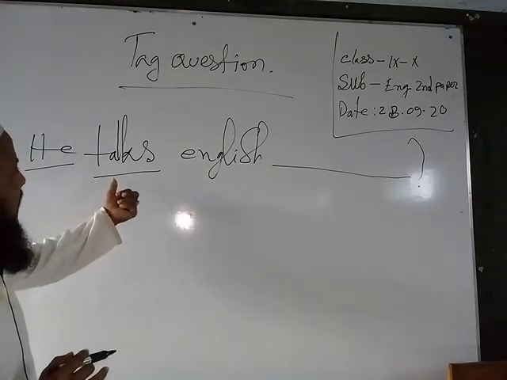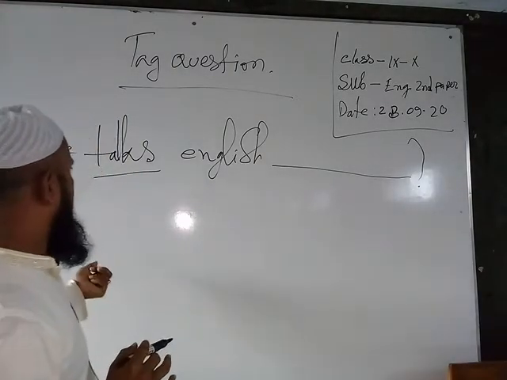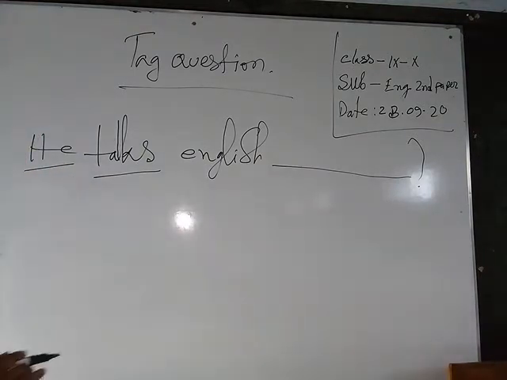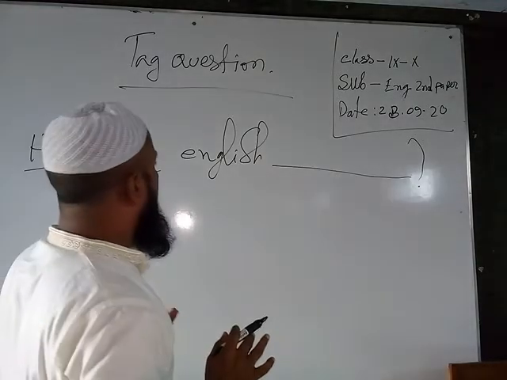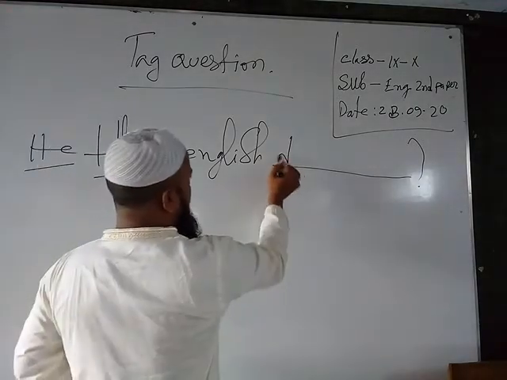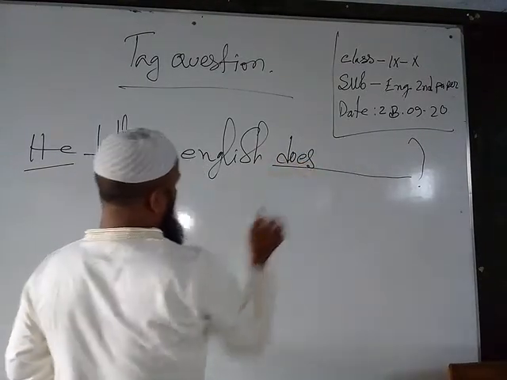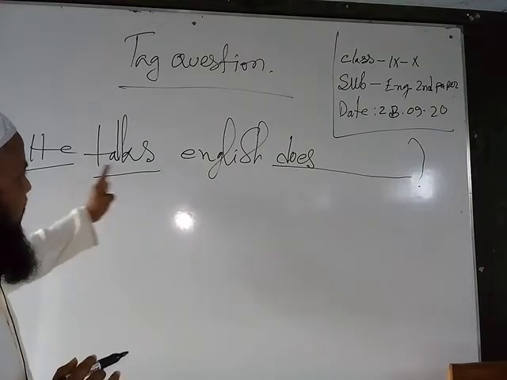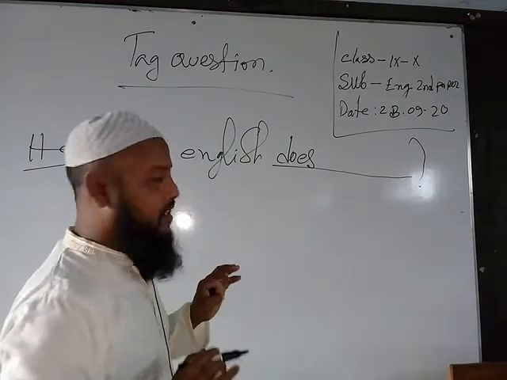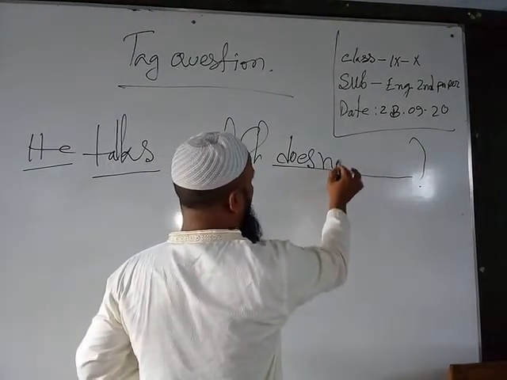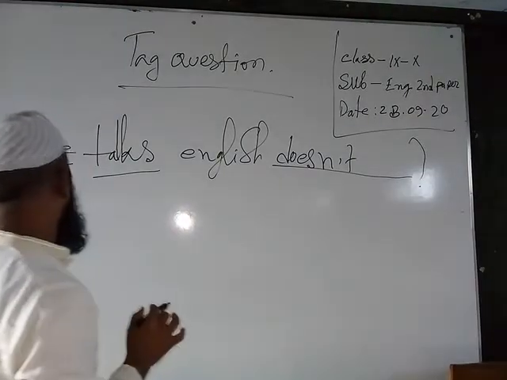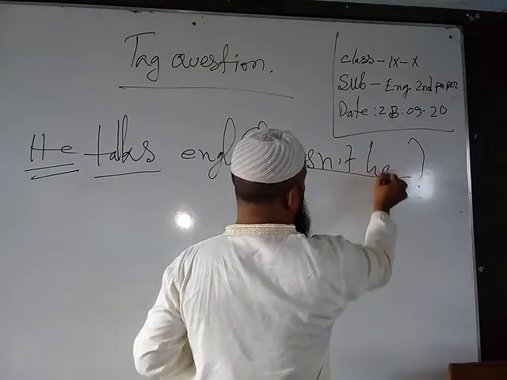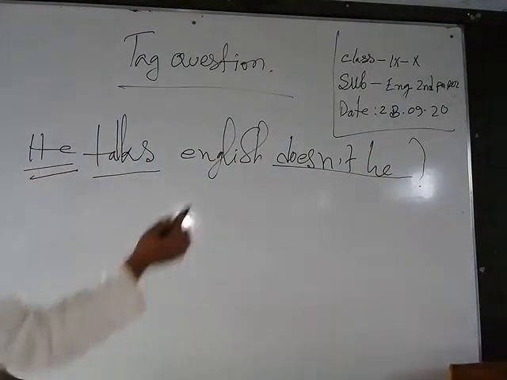When the verb takes s or es, and if there is not any auxiliary verb, we use does as a verb. Then if it is an assertive sentence or affirmative sentence, we use not, and if the subject is a pronoun, we use this pronoun directly. That means the answer is doesn't he.